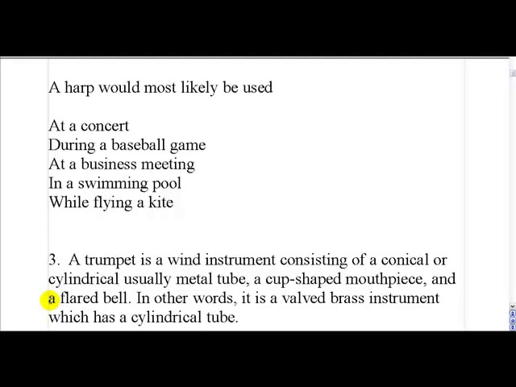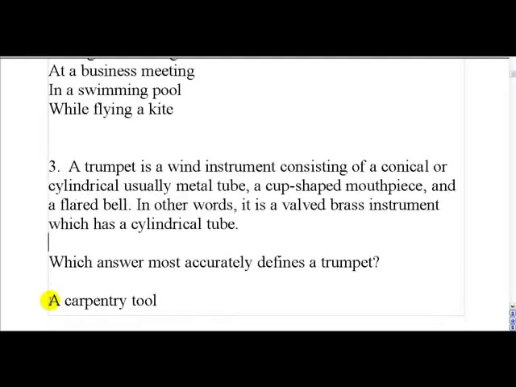Again, similar to the last one, you notice the be verb here. A trumpet is a wind instrument. It's a type of instrument, and it says a cup-shaped mouthpiece. It fits over your mouth. It has a flared bell. It's a brass instrument, so again, you might be able to guess that this is a type of musical instrument.